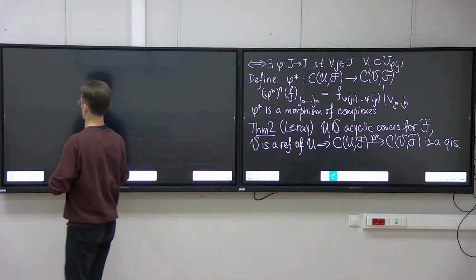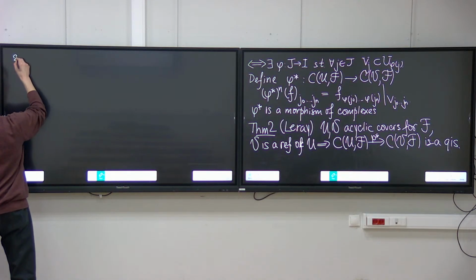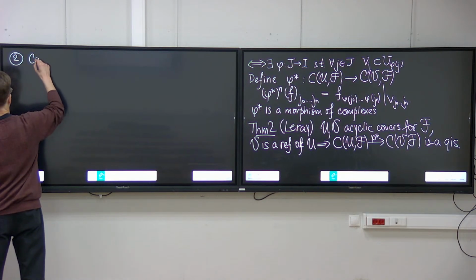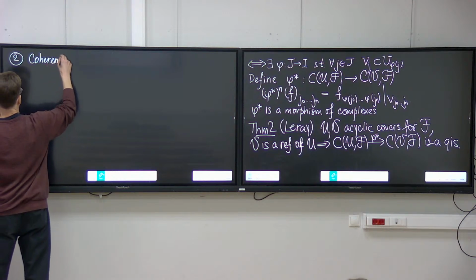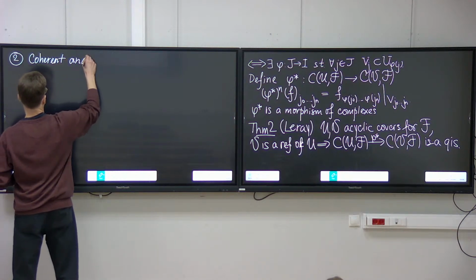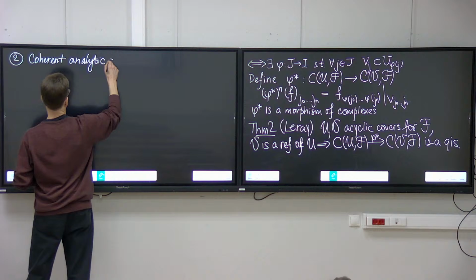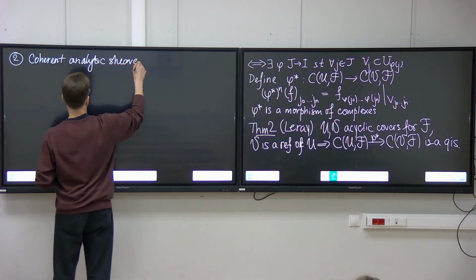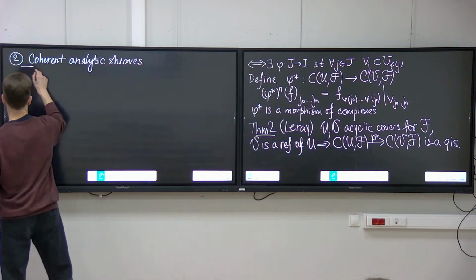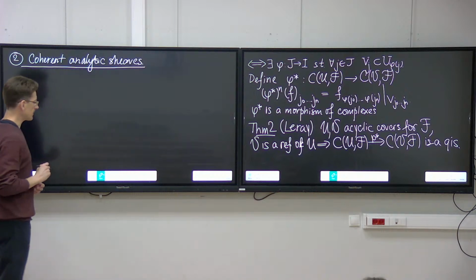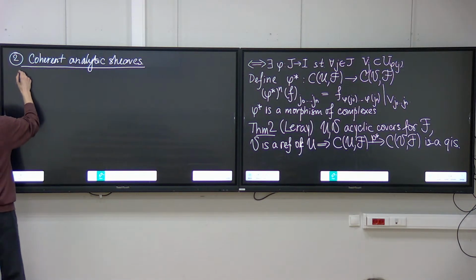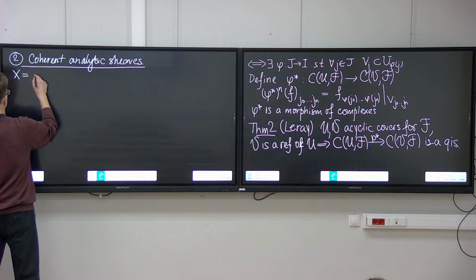Now let's recall some definitions related to coherent analytic sheaves. So suppose now that X is a complex manifold.